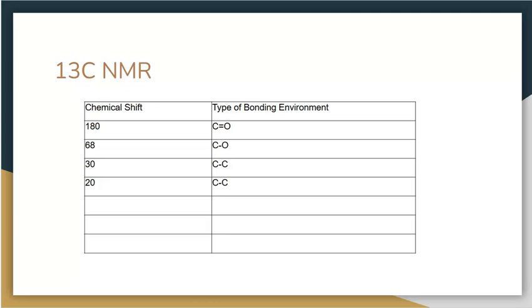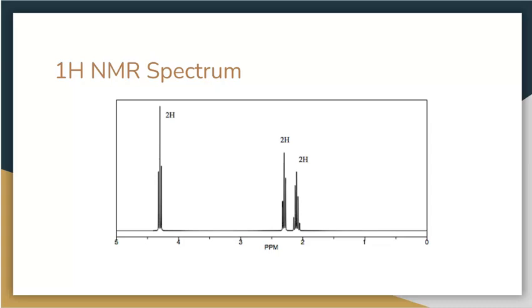The oxygen is more electronegative than the carbon, so it pulls electron density away from the carbon, making it less shielded. The third and fourth signals that we see are around 20 and 30 parts per million. These are most likely our C–C bonds. These bonds generally appear below 40 parts per million. We now know that it's an ester.